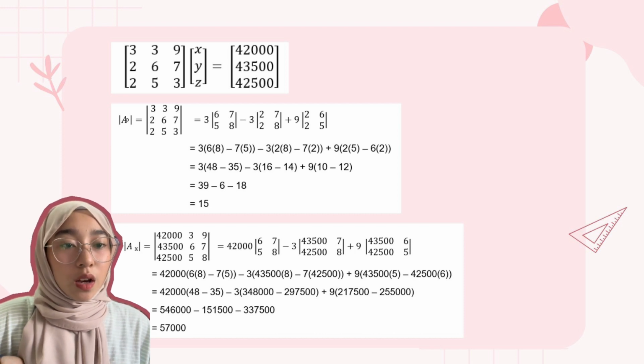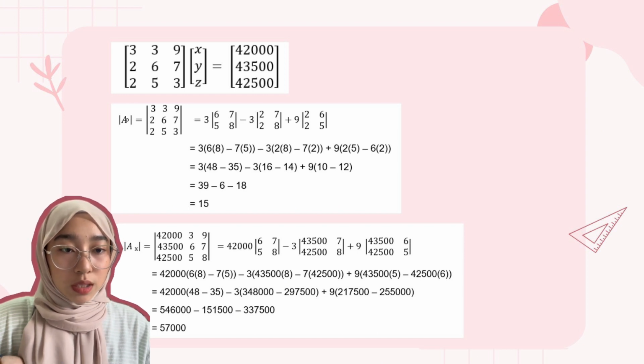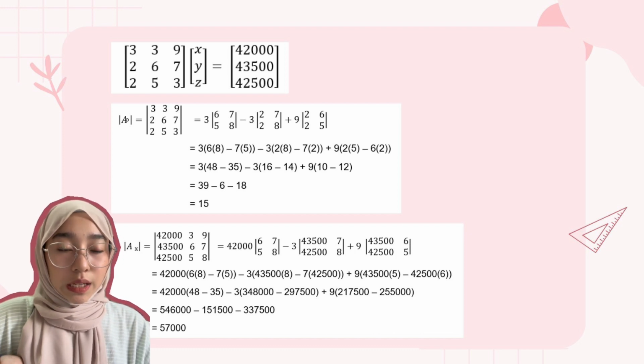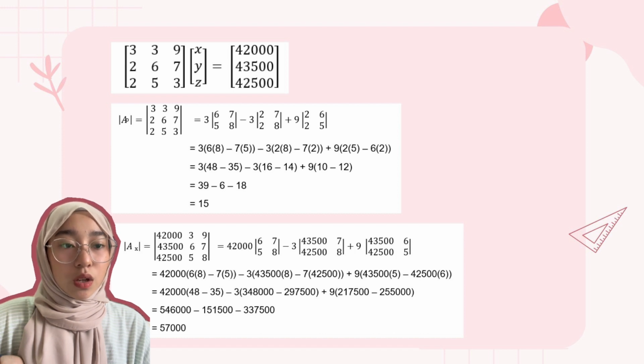And then we settle the inside the bracket. So we have 42,000 times (48 minus 35) minus 3 times (348,000 minus 297,500) plus 9 times (217,500 minus 255,000).